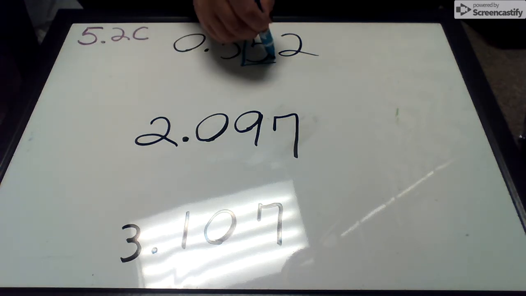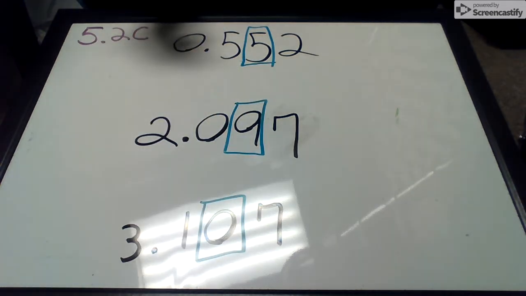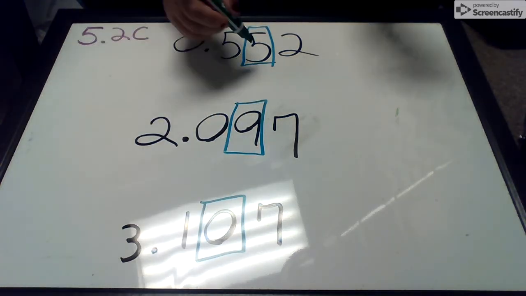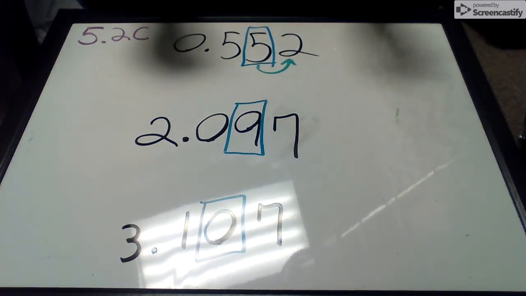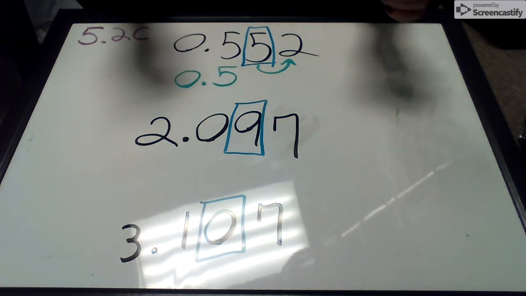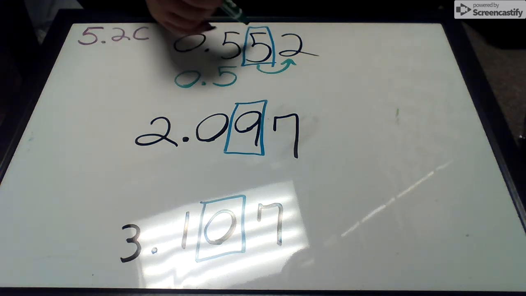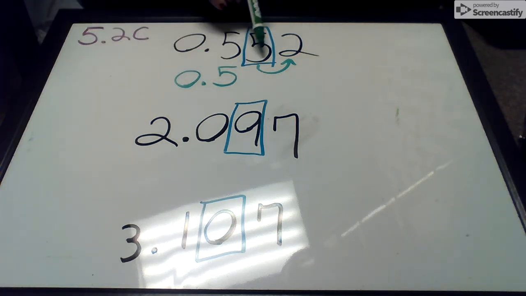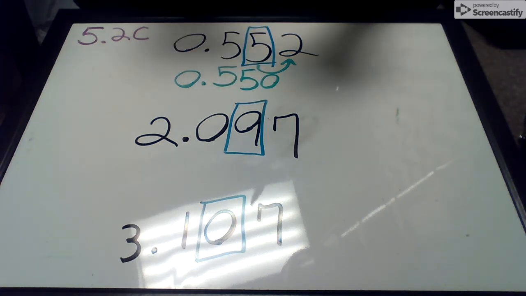Here's the hundredths place. The digit behind the hundredths place determines what's going to happen. Everything in front of the boxed number stays the same, though it may change once we change this. The number behind the hundredths place is a 2, which means this stays the same, and everything else turns into a 0.